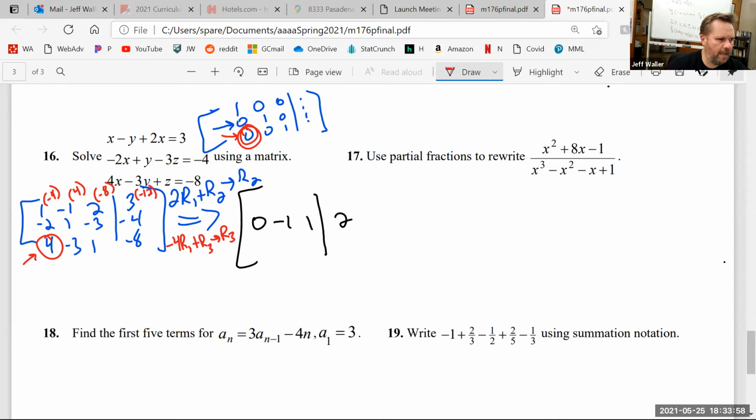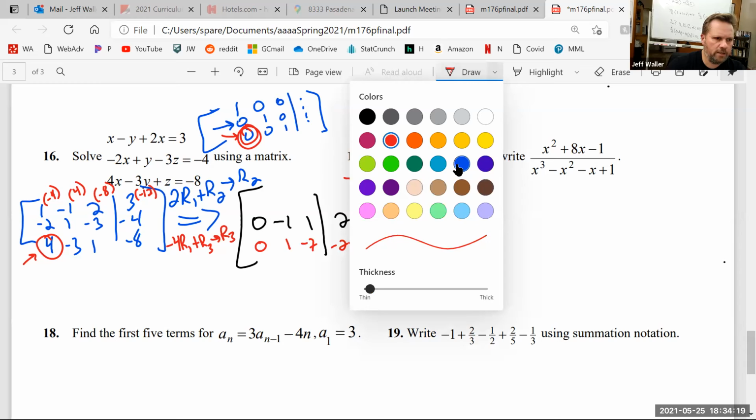Now I add that to that, and I get a 0 here, just like I wanted. And then I get a 1 here. That's nice, 4 minus 3 is 1. -8 plus 1 is -7. -12 plus -8 is -20. And then the first row, I can leave alone.